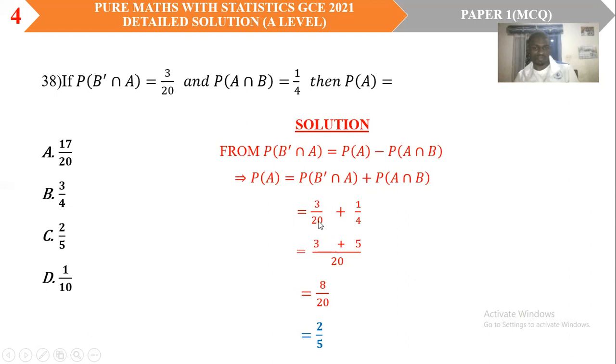LCM 20, divided by 20 times 3 is 3, plus 20 divided by 4 is 5, times 1 is 5. 3 plus 5 is 8. 8/20 reduces to 2/5. Answer C.